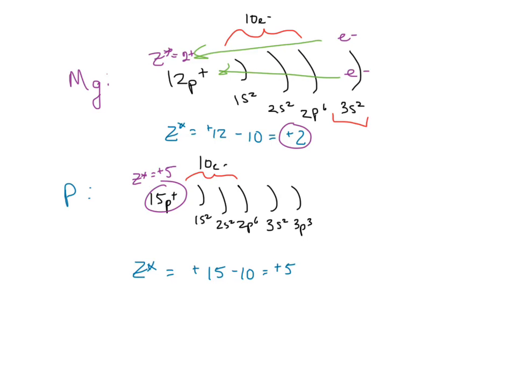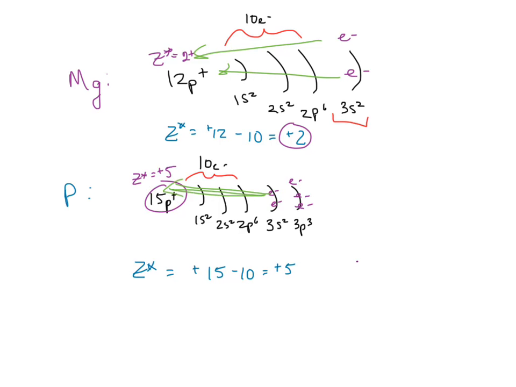These 5 valence electrons, we have 2 here and 3 here. Independently, they feel an attraction towards the nucleus, which is a plus 5.